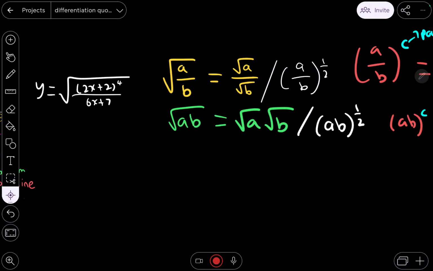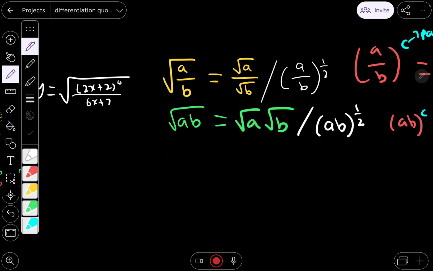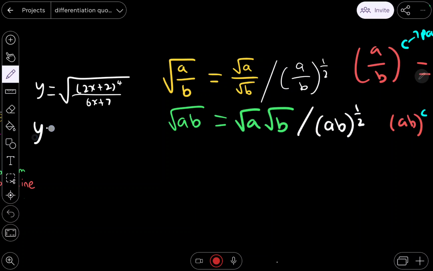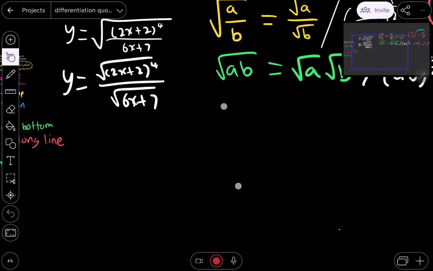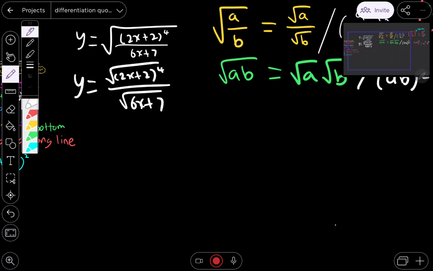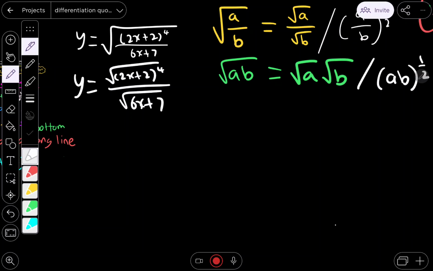So for you to understand, I'll write it in square root form. So we know that y equals square root of (2x plus 2) to the power of 4 over square root of (6x plus 7). This is what we know so far. What else can we write?